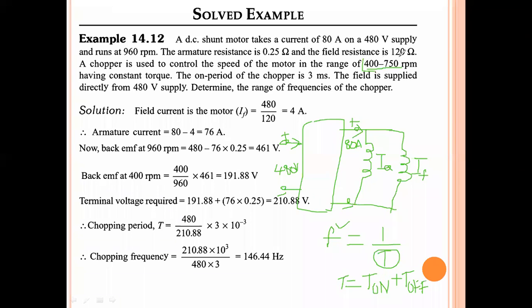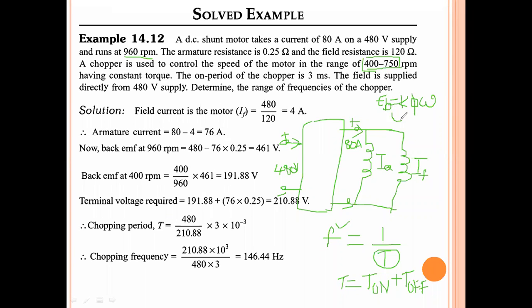Remember, the speed range is 400 to 750 RPM. So first we need to determine the back EMF for this 960 RPM, because we have different speeds. For different speeds we will have a different back EMF, because the back EMF E_b equals K phi omega.